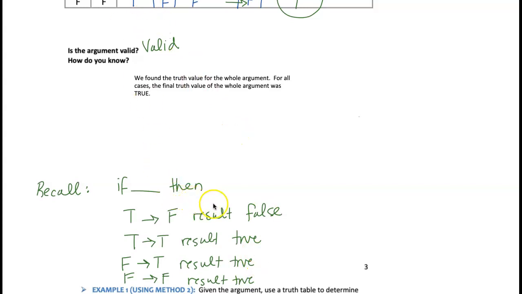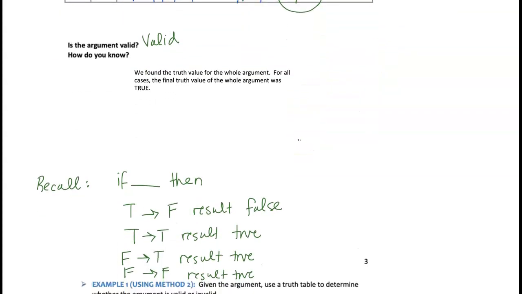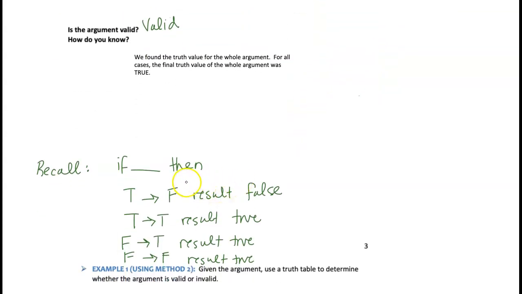What we're trying to avoid is getting a false, because remember that if we end up with all final truth values true, then we know the argument is valid. So if we can prove that we do not have this case, then we know our argument is valid because it must be one of these other three that end in a true truth value.